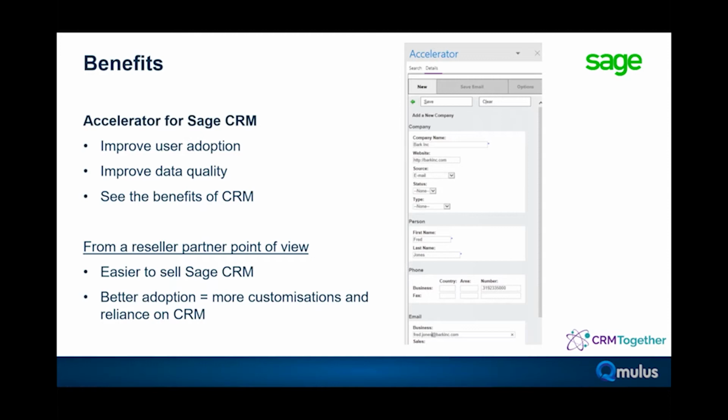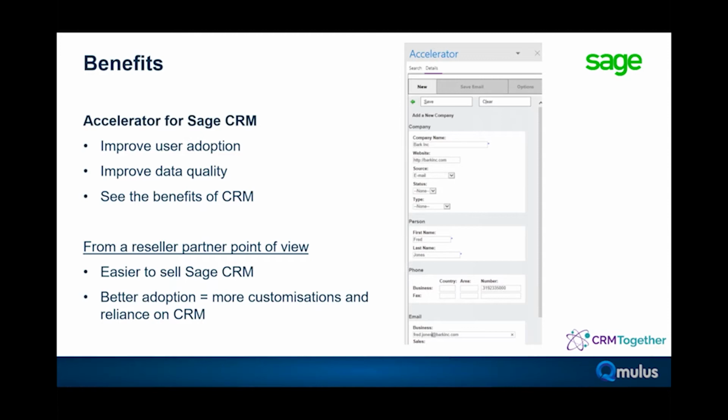And with Accelerator having a deep integration with Microsoft Outlook, from the point of view of selling the system, the person you're demonstrating the system to is familiar with Outlook. They get it. And CRM just feels like an extension of Microsoft Outlook. So it does help improve user adoption, and it makes them see the benefits of having a CRM system and a CRM strategy.